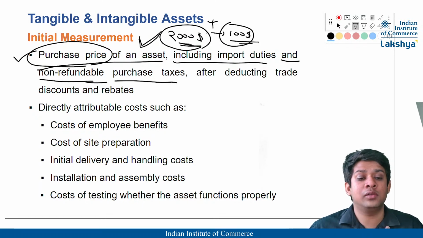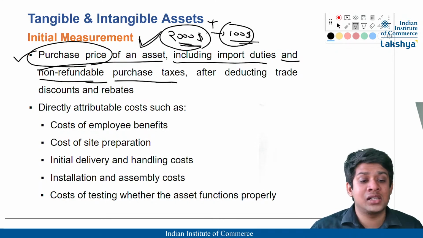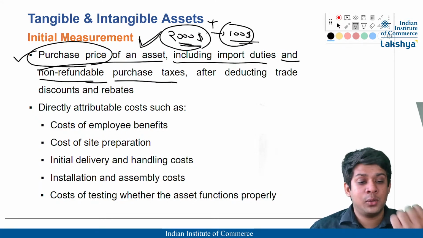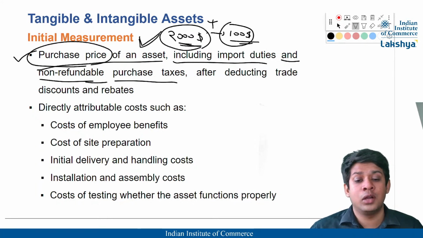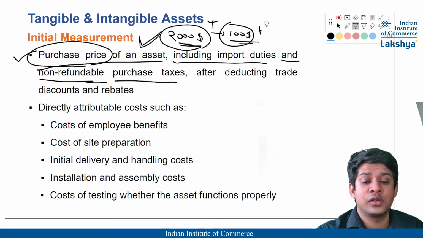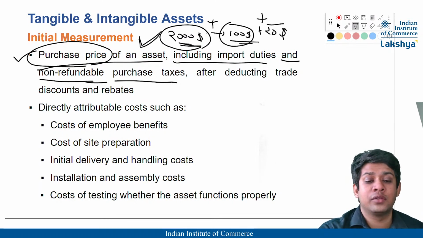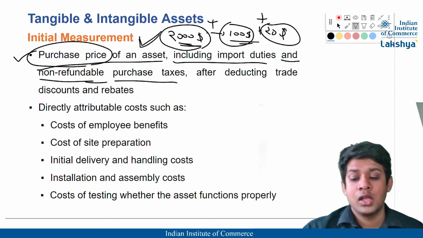So I will have to actually take the tax burden. So guys, the non-refundable taxes which are associated with the purchase of that asset will also be capitalized, right? So maybe say there are certain non-refundable taxes of $20 that have been incurred. So that will also be capitalized to the value of the asset. Okay.